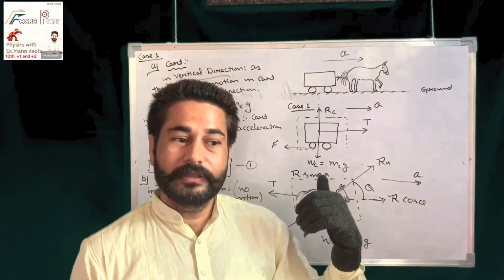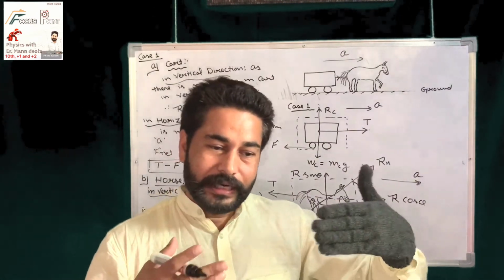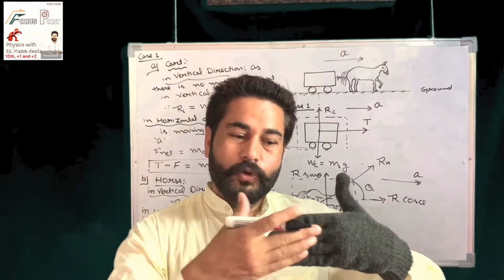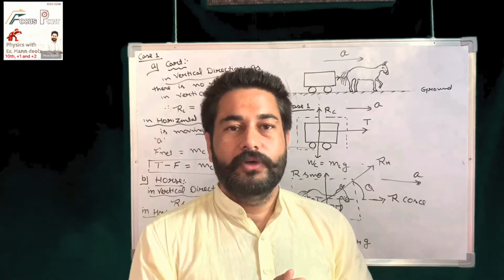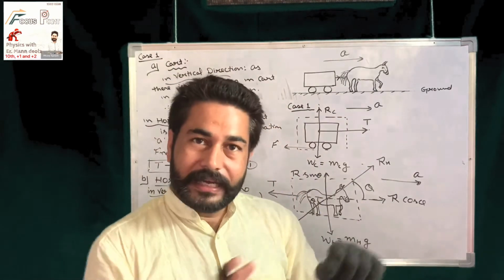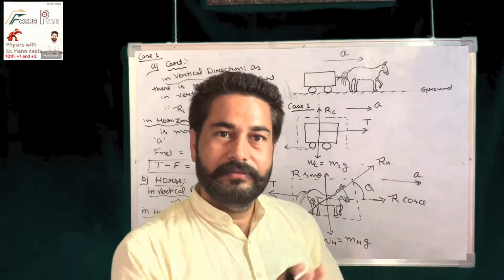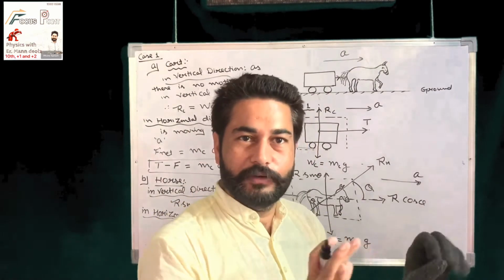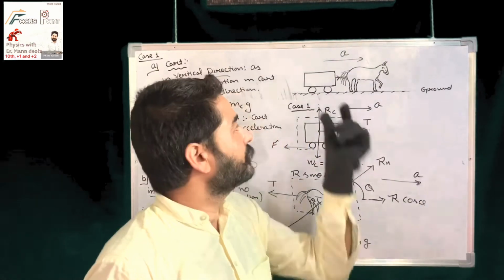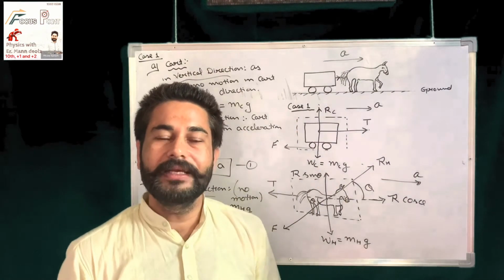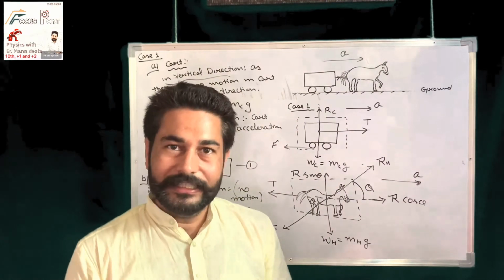So the cart will try to overtake the horse, or it will apply a force from the back side. It will try to hit the horse in the forward direction. So again, it is not possible.